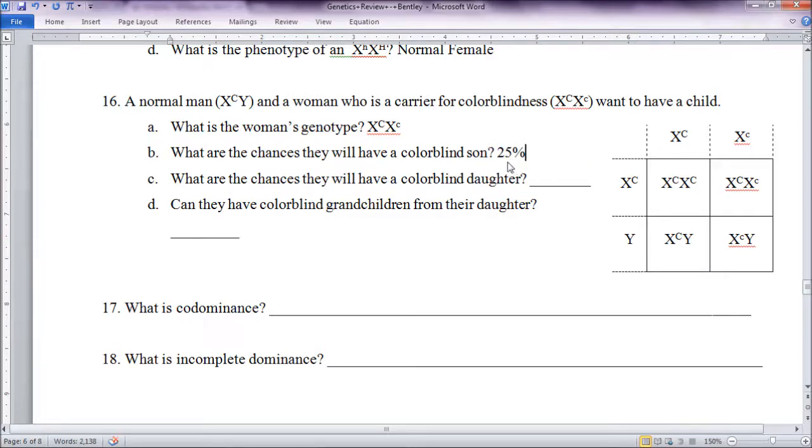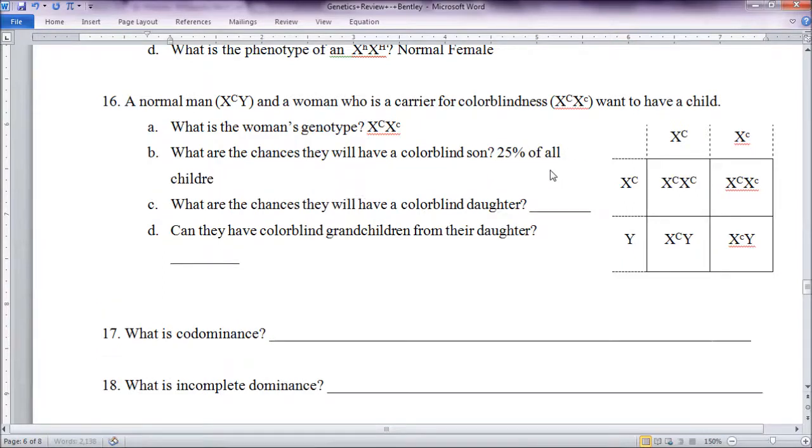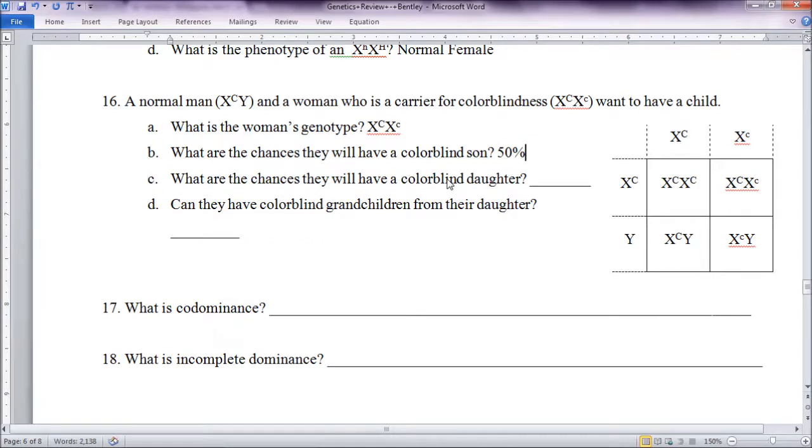But of the group of sons, if you know it's a boy, 50%. Yep, it's just 50%, because you always know it's going to be 50% of any child. Well, I'll put that.